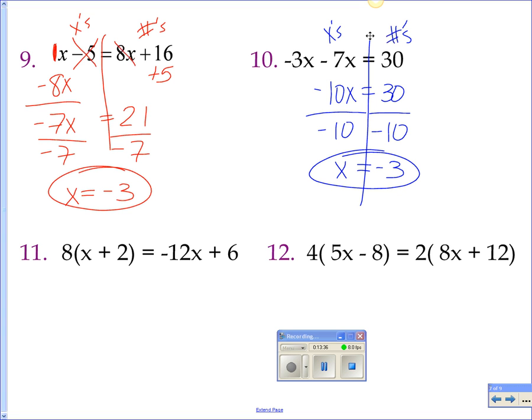All right, number 11. 8 parentheses x plus 2 equals -12x plus 6. All right, so we'll draw a line. Nadia, what do you have to take care of first on this one? Very good. What do you get right here, Nadia? Very good.